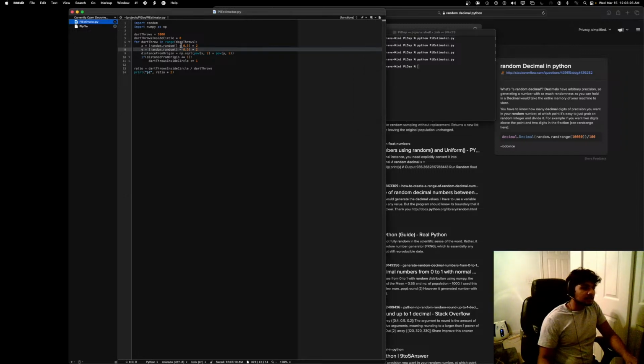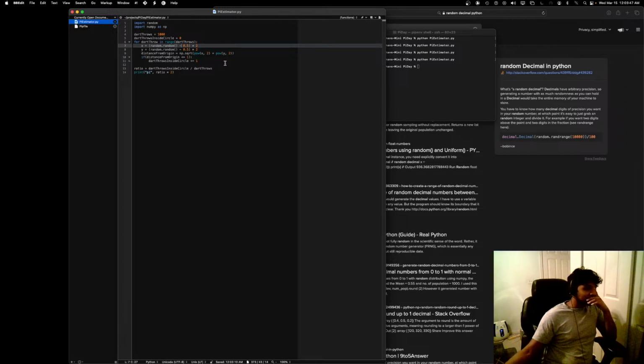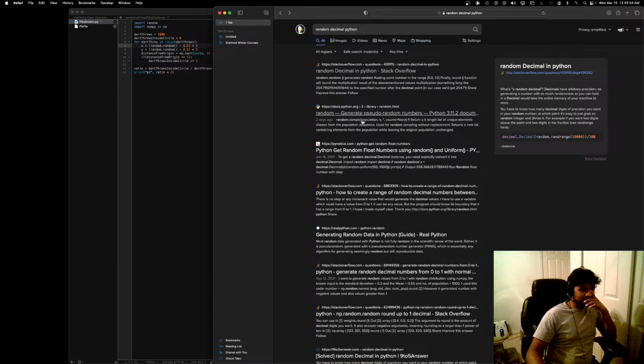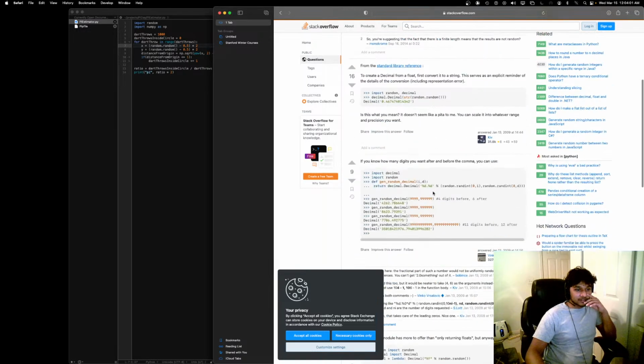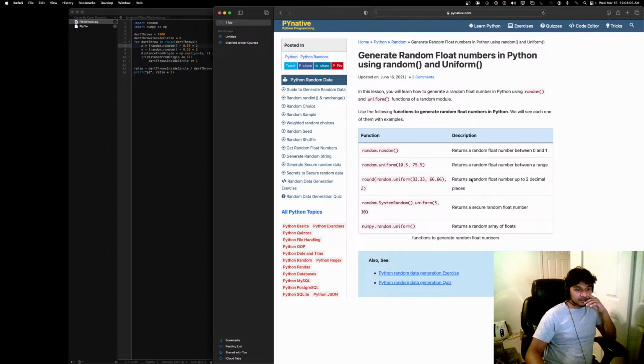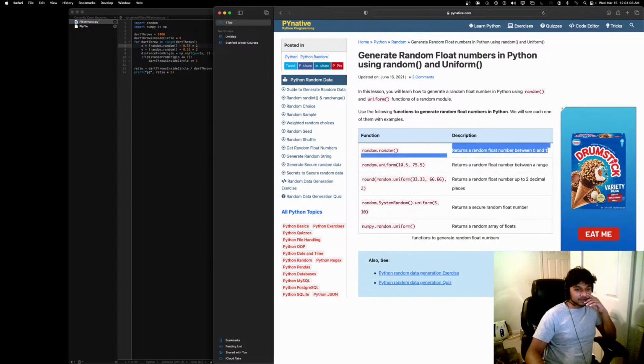Minus what? Goddamn it. So random.random, random.random. random.random returns a random float number between 0 and 1. Oh, random.uniform returns a random float number.